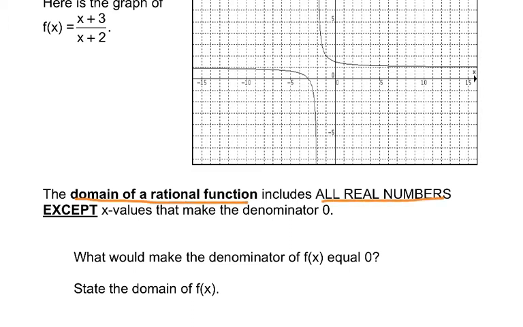includes all real numbers except numbers that make your denominator equal 0. So as we look at this equation, we find what numbers make our denominator equal 0. We set our denominator equal to 0: x plus 2 equals 0.